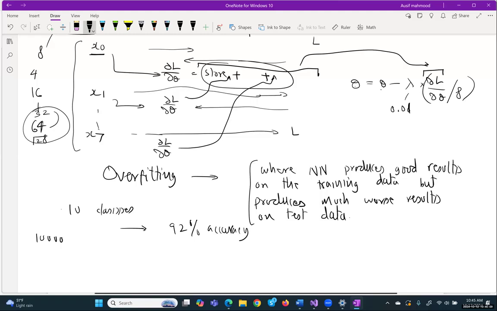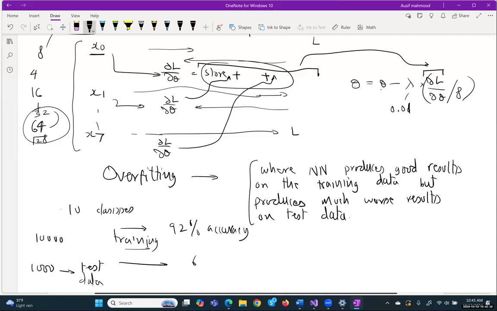Then let's say we have 1,000 images which we do not give to our neural network during training, our test data, 100 images belonging to each category. After it is trained, we do the testing on the test data and see what the accuracy is, because this is data the network has not seen.